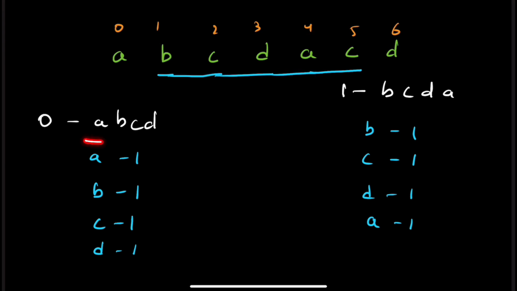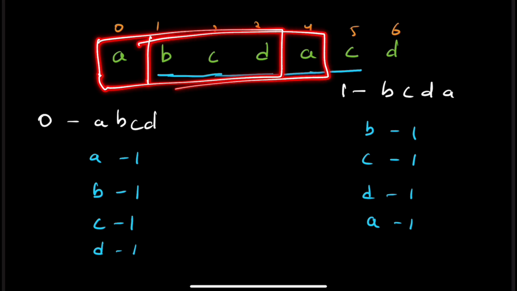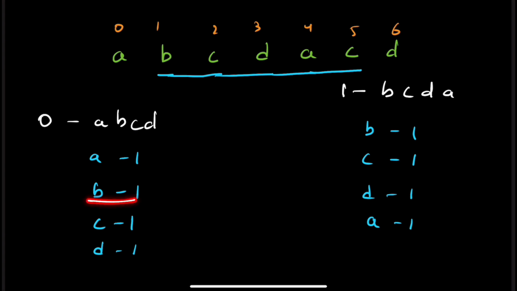Now if we try to map this substring, it started from A and went till D. And the second substring started from this B and went till this A, right? Now, do you see something common between these two substrings? Yes, we had B, C, and D's entry as same in both of the maps, right? So if we check B, C, and D, and this B, C, and D, both are same.